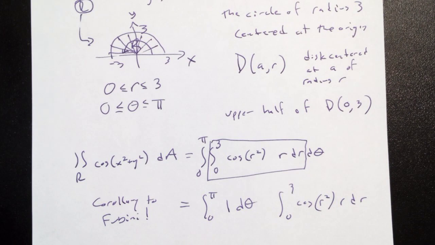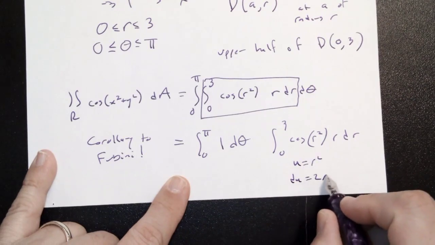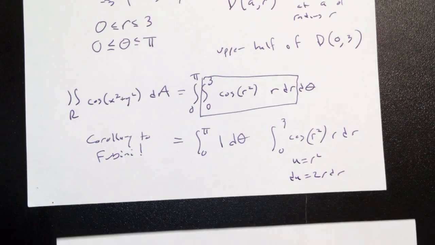And those two integrals are easy. The one on the left is trivial, and the one on the right is a u-sub. I'm missing the 2, so I'm going to put 1/2 in front of that.